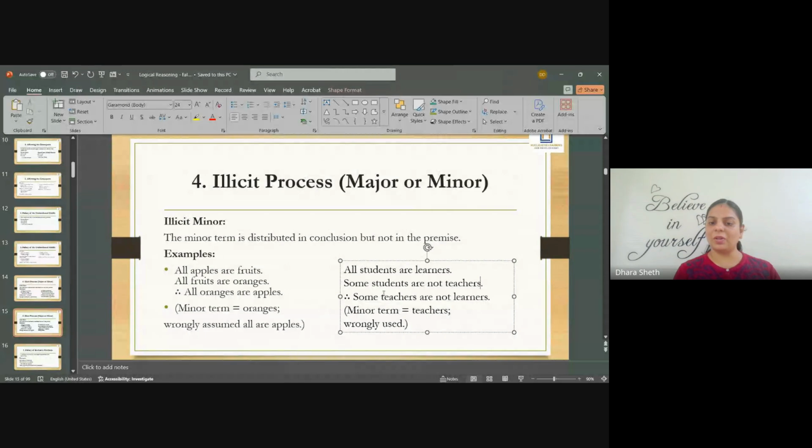Here we are talking about some teachers not being learners, but then again, this is not a valid syllogism, because here we are talking only about some students not being teachers. This is not a quality that is applicable to all teachers.